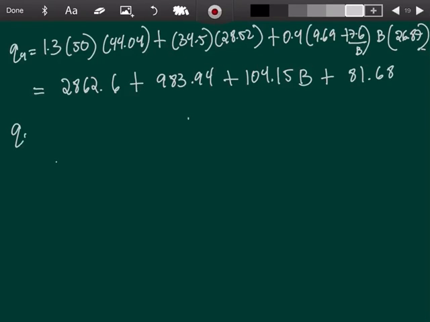So pagsamahin natin lahat ng magkakaparehas: 2862.6 plus 983.94 plus 81.68, it is 3928.22.